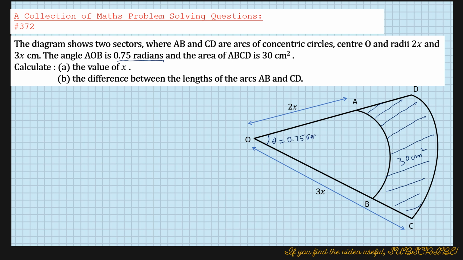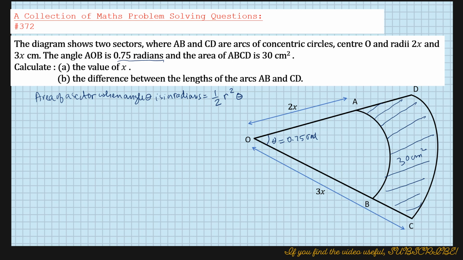0.75 radians. Now, the area of a sector when angle theta is in radians would equal half times r squared times theta, where r is the radius.